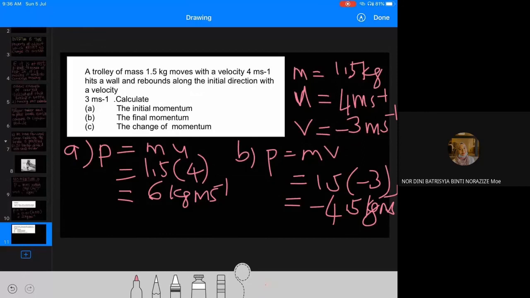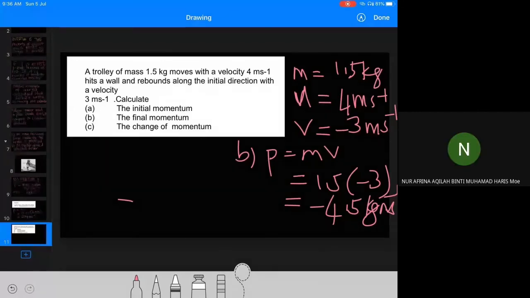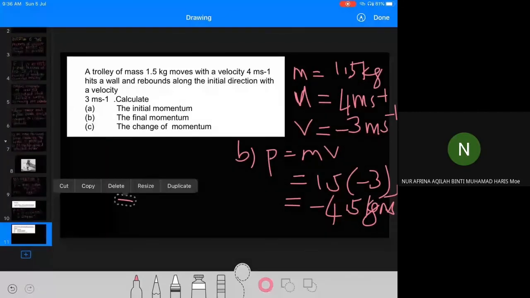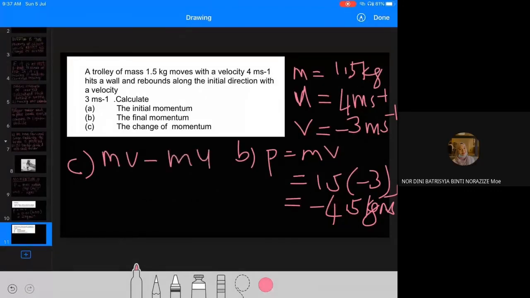So untuk change of momentum, macam mana nak kira? Untuk C? Tolak. Final tolak initial. Yes. Maknanya dia nak mv tolak mu. Betul? So mv tadi kita dapat berapa?